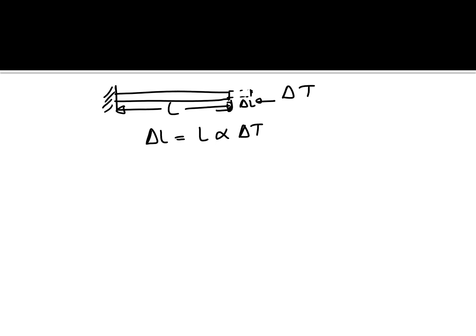So delta L by L is alpha times delta T, but this is the definition of the strain itself. So we can also define alpha as the longitudinal strain per unit temperature.